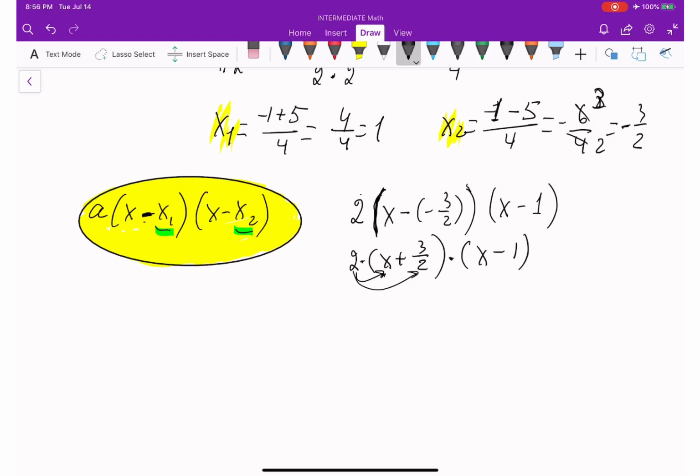So 2 times x is going to be 2x. 2 times 3 over 2 is going to be equal to 3. By the way, if somebody is struggling with multiplication, addition, subtraction of basic fractions, you can use the video I recorded, operations with basic fractions.